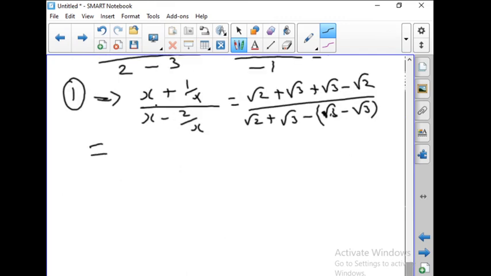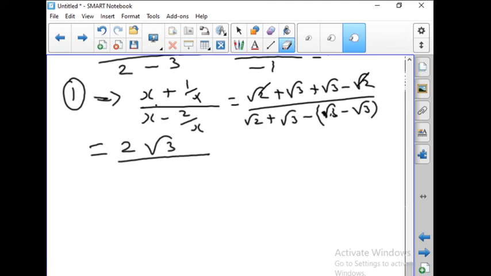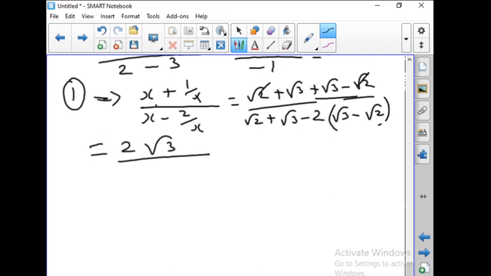So it is equal to plus root 2 and minus root 2 gets cancelled. So we get 2 root 3 by, here, what all gets cancelled? Here I made a mistake. Minus 2 into 1 by x. What is 1 by x? Root 3 minus root 2.